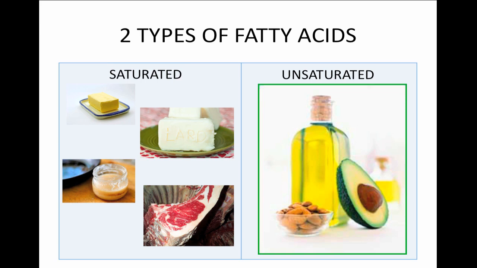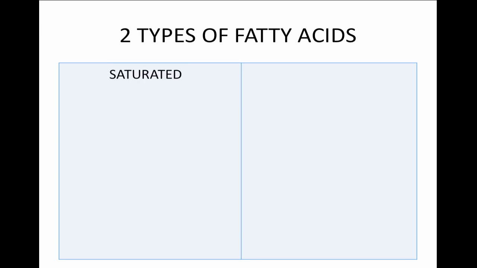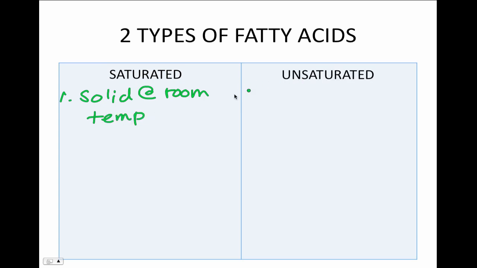So when we look at the difference between these two, let's go to our next slide. Our saturated fat is always going to be solid at room temperature, whereas our unsaturated fat is going to be liquid at room temperature.